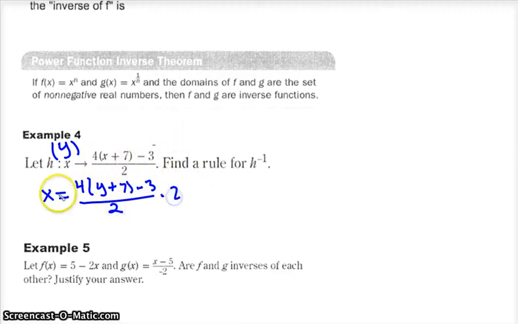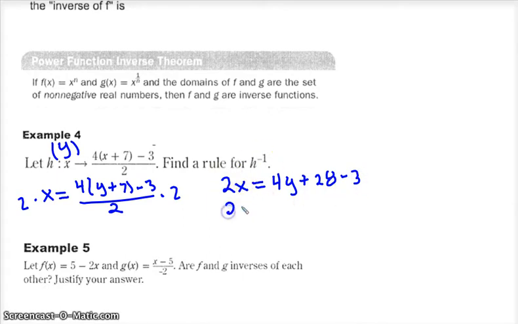I'm going to multiply both sides by 2. So 2x equals, I'm going to simplify the top here, 4y plus 28 minus 3. Simplify again. I've got 4y plus 25. I need to subtract 25 from both sides.